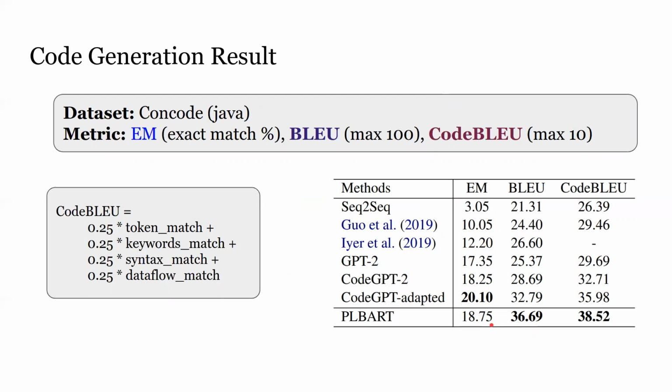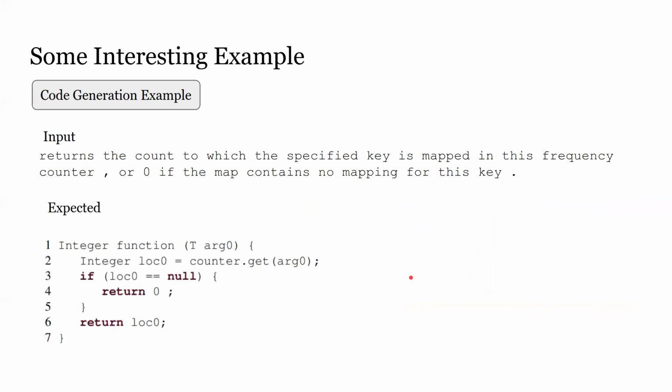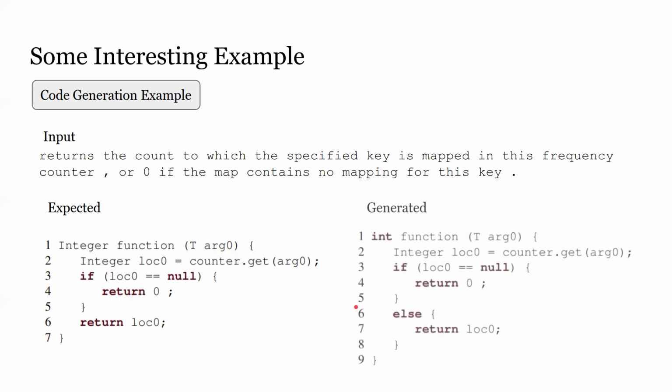To understand that even further, let us look at an example for code generation. Given this input in natural language, PLBART is expected to generate this code. However, PLBART generates this code, which is obviously not an exact match. However, if we look closely, we can see that these two pieces of code are semantically equivalent.